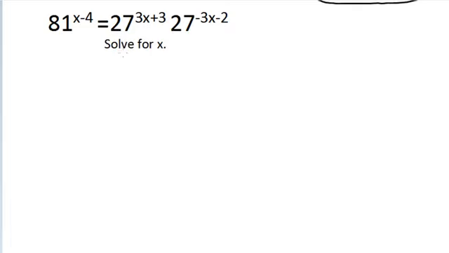So then it will be 3 to the fourth power this time, 3 to the fourth power times x minus 4. X minus 4 is equivalent to 3 to the power of 3 times 3x plus 3.